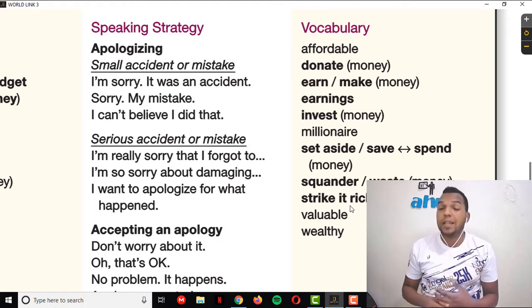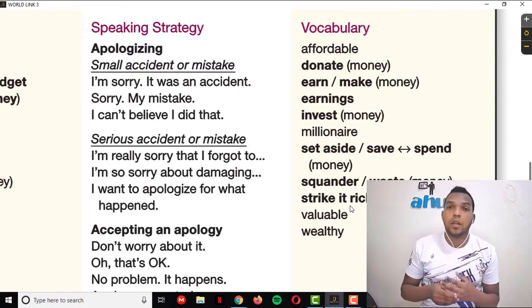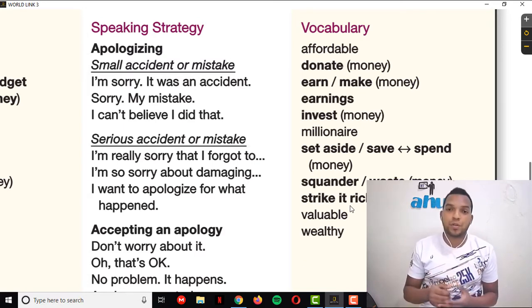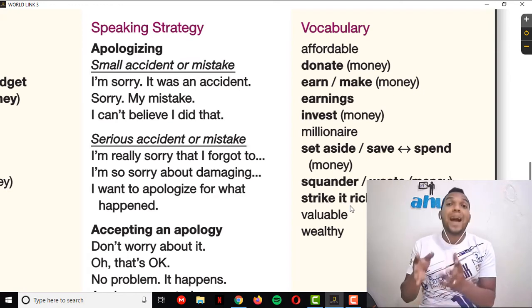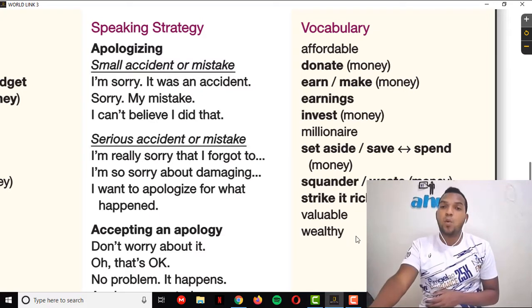If it's something that you have feelings for, or brings you feelings, it is valuable. It's like, for example, if your grandmother gives you something, let's say a necklace, a purse, or whatever, that object becomes valuable for you because you don't sell it or give it away to another person.